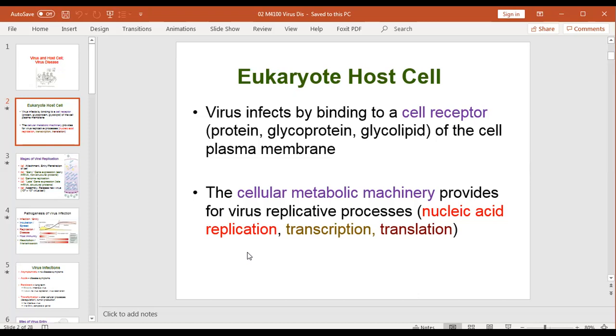All of these are being provided by host cell metabolic machinery. Virus cannot do it by itself.